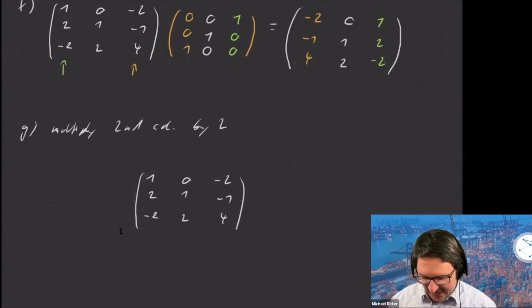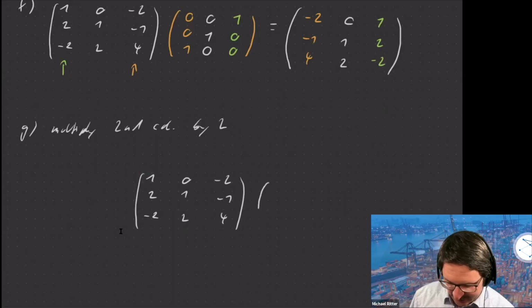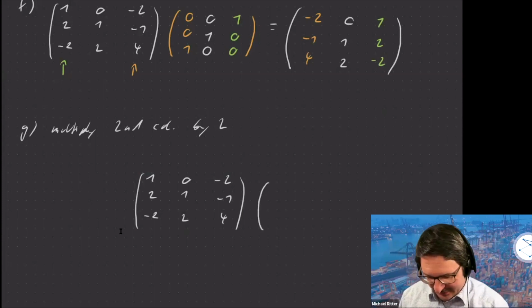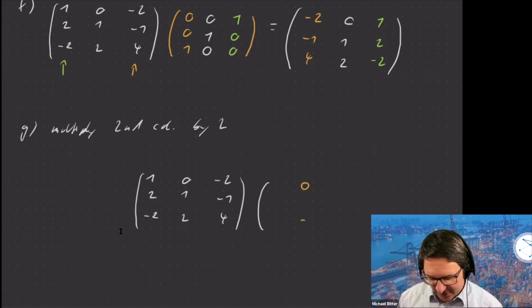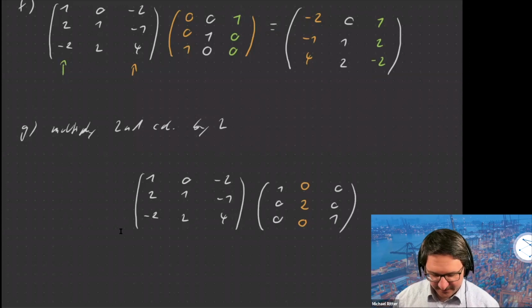Again, this here is A. We want to multiply columns, so we need to multiply from the right. Second column means we want the vector in the second column, and multiplying by 2 means taking 0 times all the other vectors and 2 times that column. So this is this matrix here. And copying all the rest. We can do this way.